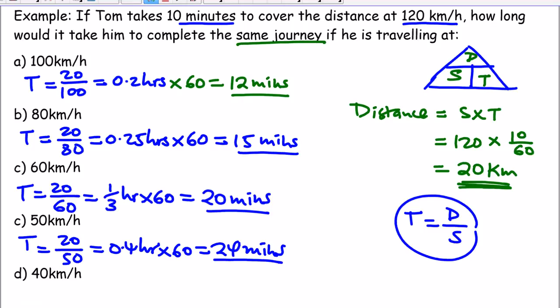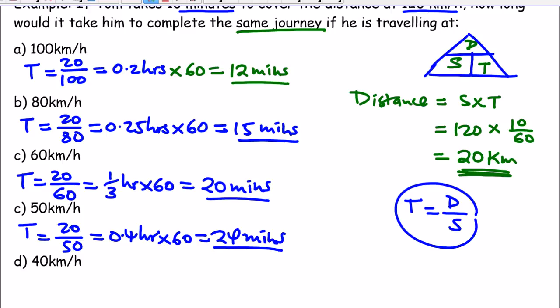For the last one, time will be equal to 20 over 40, which is equal to 0.5, just half an hour. 0.5 hours multiplied by 60, we get 30 minutes.